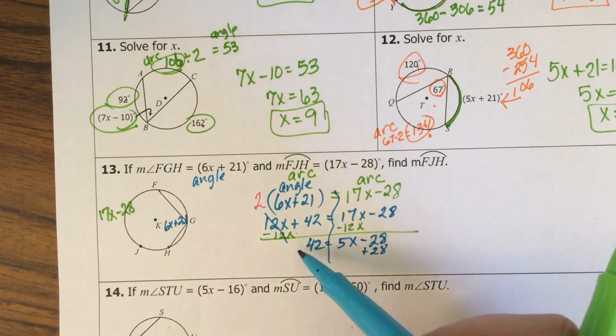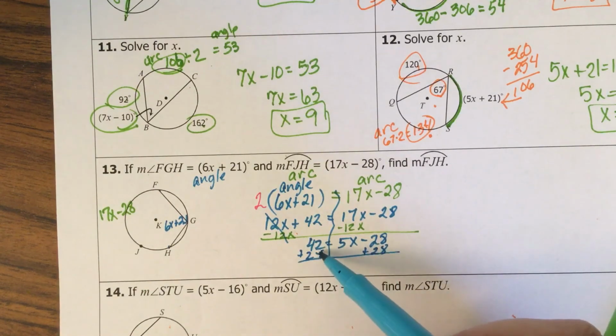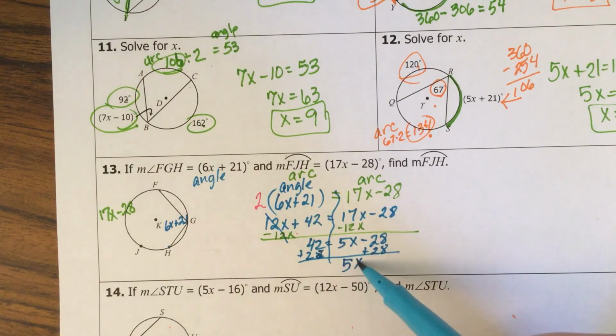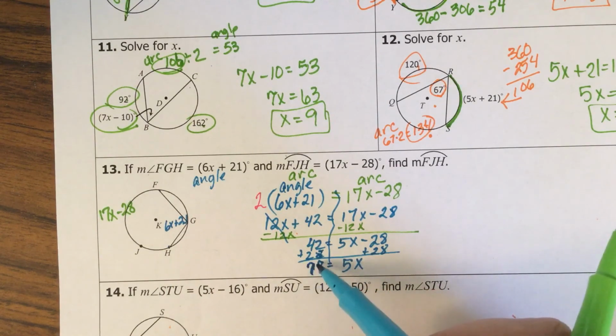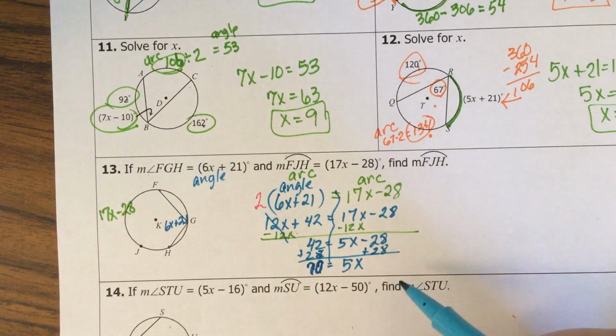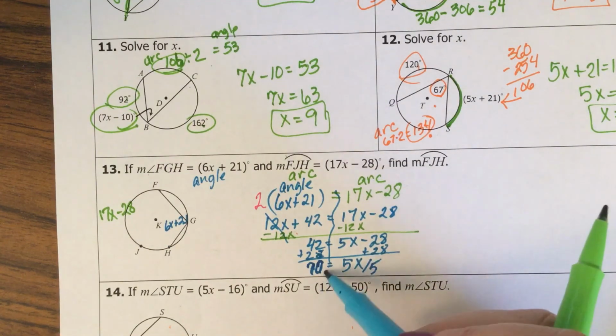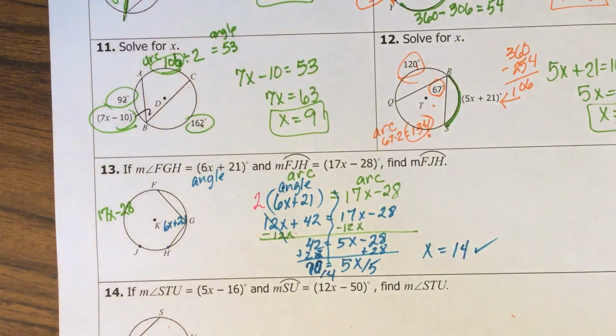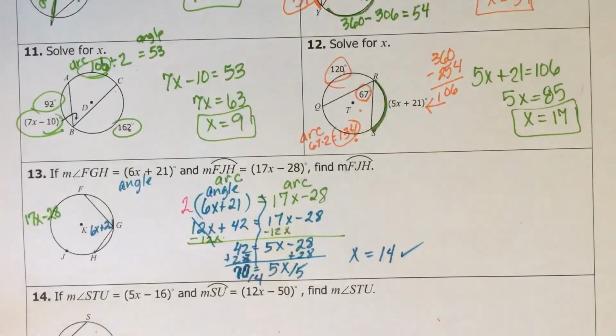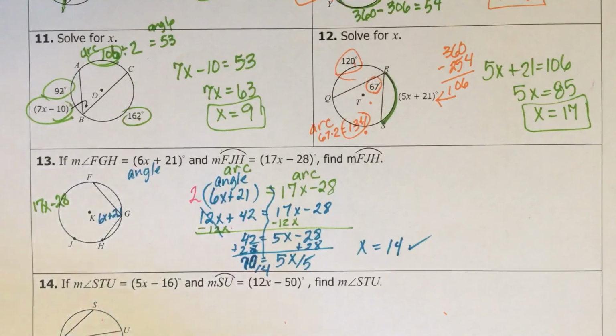Add 28 to both sides. So 5x equals 70. Divide both sides by 5. Your x equals 14. Be sure you're showing me that step because some of you are not finishing.